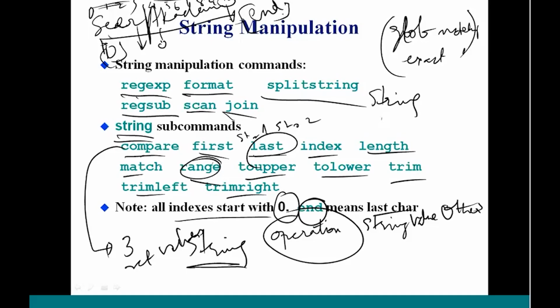And then string match takes two more arguments, a pattern and a string, and returns 1 if the string matches the pattern, otherwise it returns 0. The string match command uses glob style matching, which means that you can use special characters and wildcards.